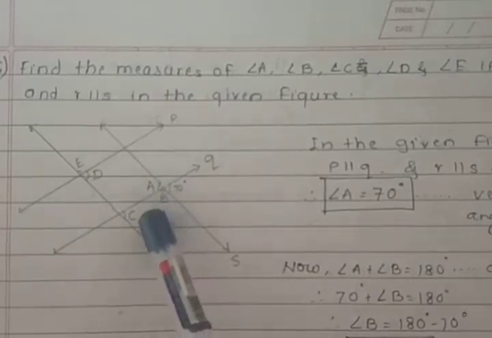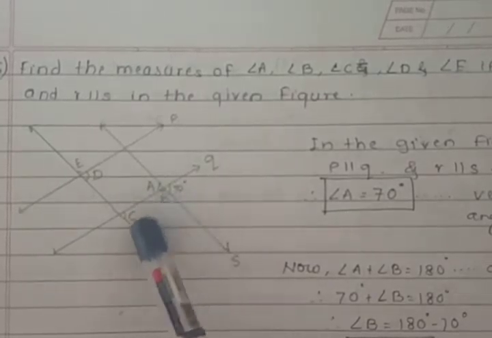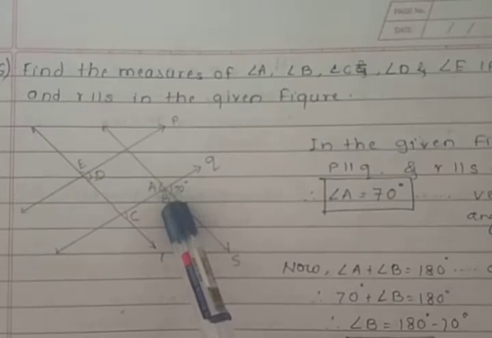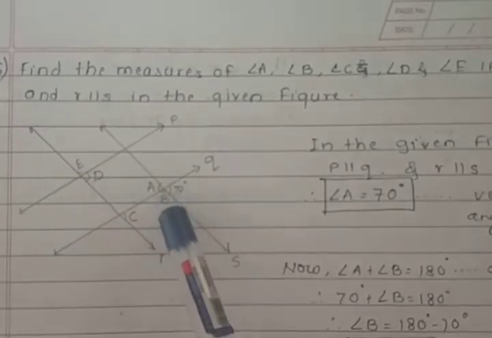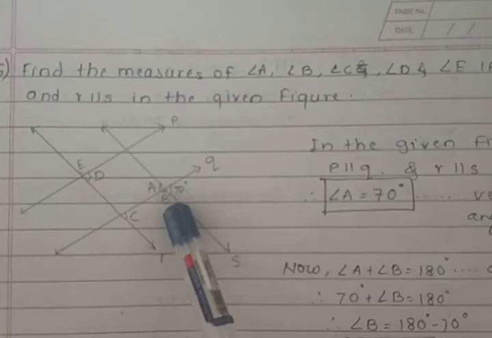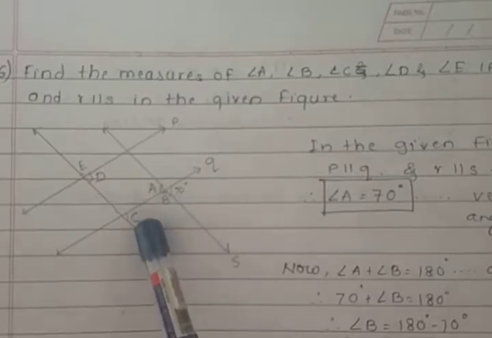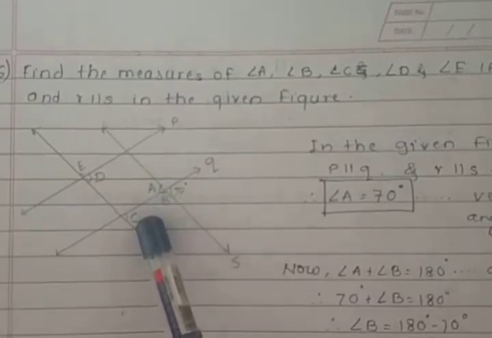Or if these two angles are supplementary, angle B is 110, so 180 minus 110, angle C will be 70 degrees. Anyhow you can solve, right?